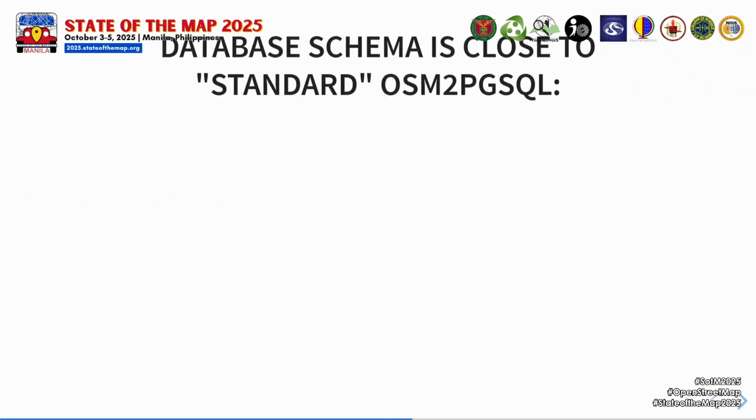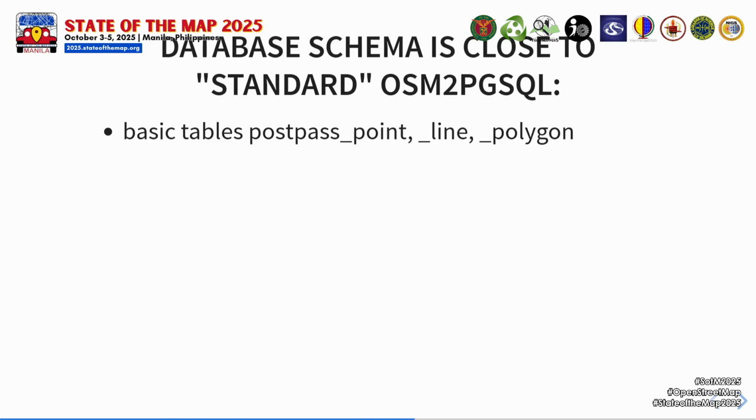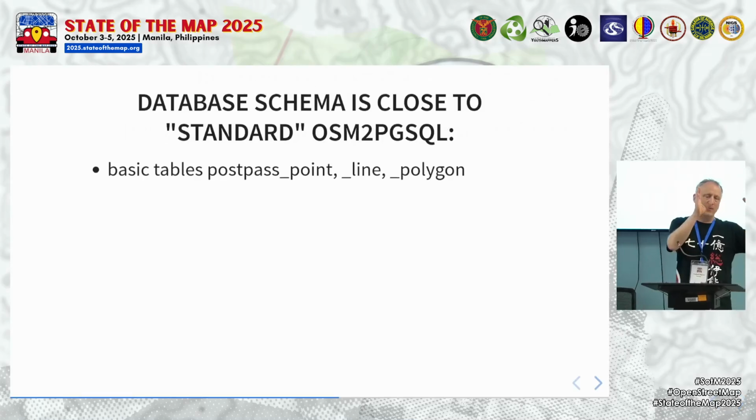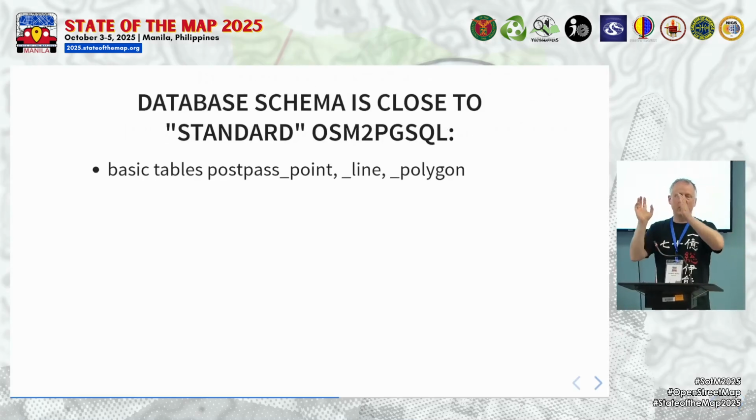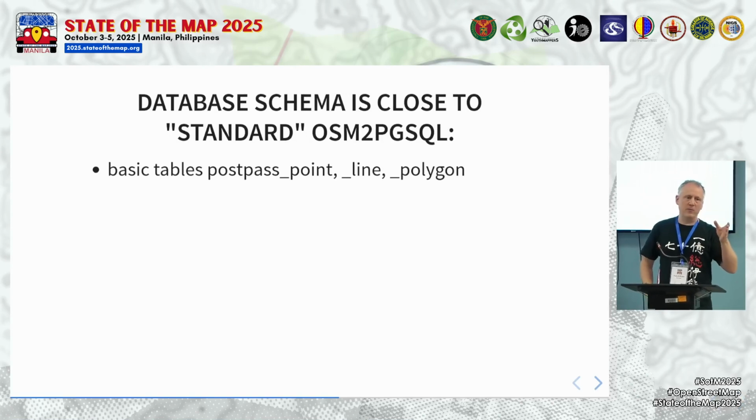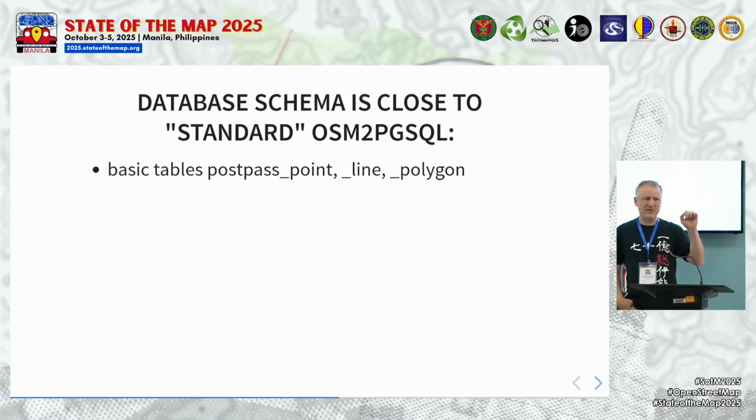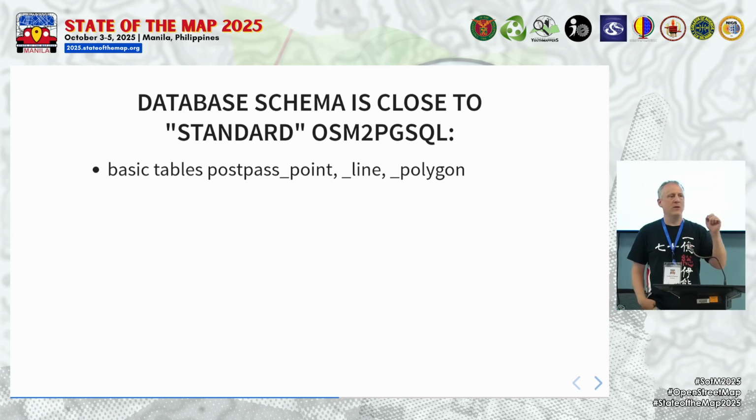The database schema that we're using for Postpass is more or less the standard osm2pgsql schema. If you have ever used osm2pgsql, you know it will create one table for points, one for lines, one for polygons, and normally they would be called planet_osm_point, planet_osm_line, and planet_osm_polygon.